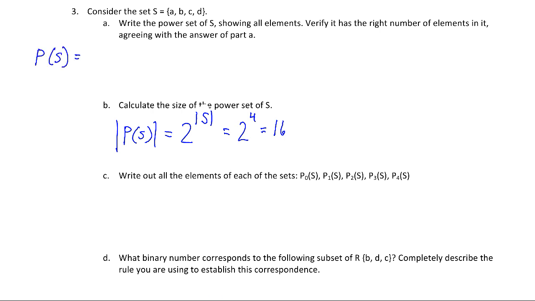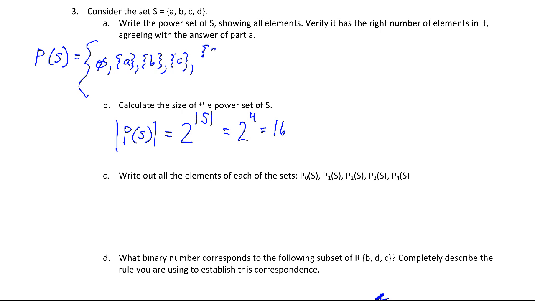It's a big set, so I'm going to put big brackets here. I'm going to start with the empty set. And then I'm going to move on to the singleton subsets, A, B, C. And then I'm going to move on to the subsets with 2 elements in it.